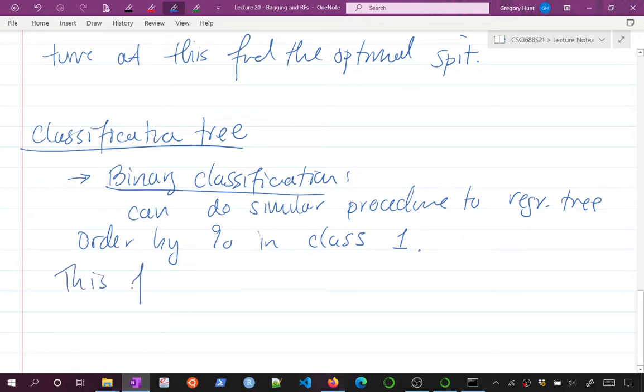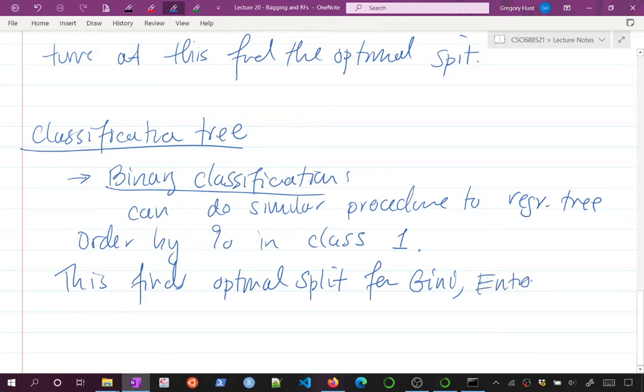This finds the optimal split if my node impurity is either using the Gini index or if I'm using entropy. Let's say for Gini or entropy.